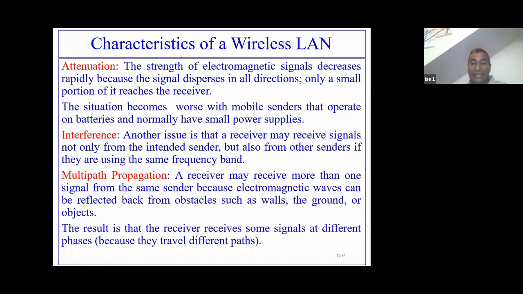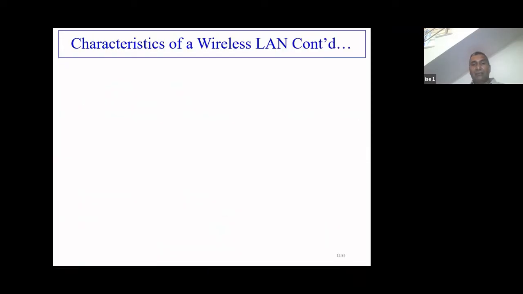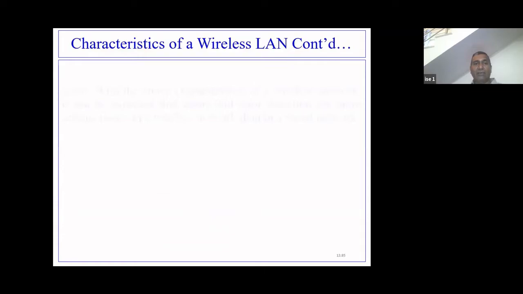When these signals hit a wall at a particular angle, they get reflected at a particular angle, so a phase difference will come. And this will be a problem. When there is a phase difference, the signal will be interpreted differently. So this makes the signal less recognizable. So that's about the characteristics.